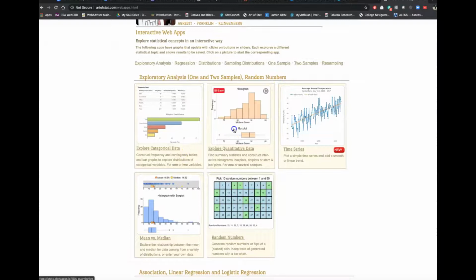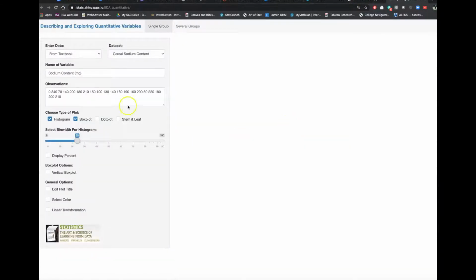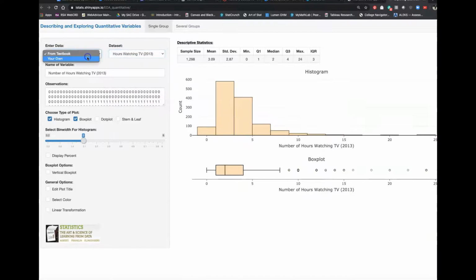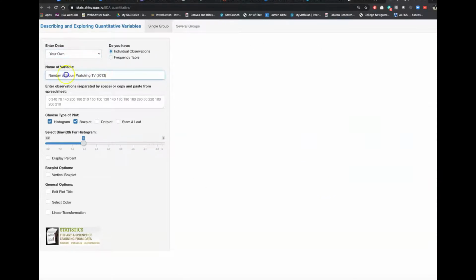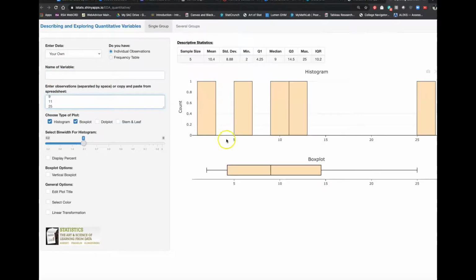And so we want to do a quantitative exploration. It's a little slow sometimes. Once that goes in, you will go ahead and enter in that data. It's our own data. It's not from the textbook. There was no variable, so there's no name that goes with that. You enter the data in there, and so you end up with the 8.8.